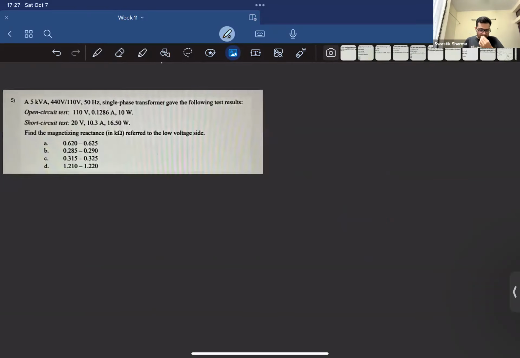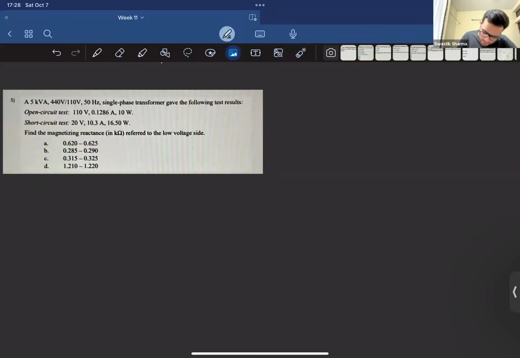Okay, so we have this question here. Open circuit test and short circuit test are conducted, and we have a 5 kilovolt-ampere, 440 volt by 110 volt, 50 hertz transformer. We need to find the magnetizing reactance. As I told you, only the open circuit test helps us in finding the magnetic or the shunt parameters, right?